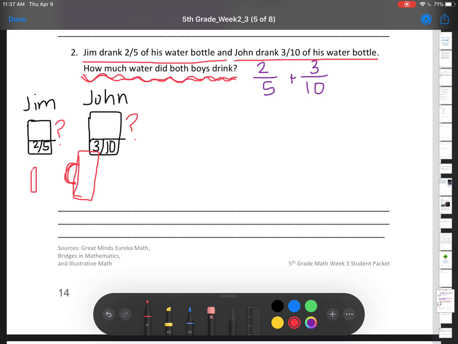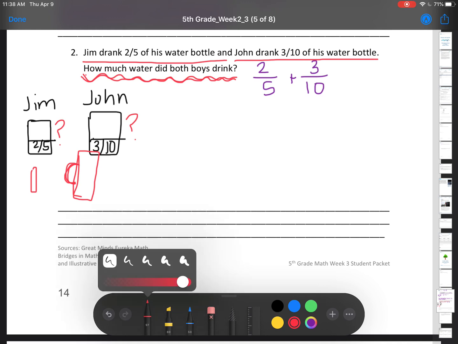Are their water bottles measured in ounces or gallons or liters? What are they measuring their water in, and how much water did they start with? I don't know. Maybe John started with 2 gallons, and maybe Jim started with 4 cups, right? I have no idea how much water is in their water bottles. So I cannot use 2/5 plus 3/10 to solve this problem, right? I have no idea.